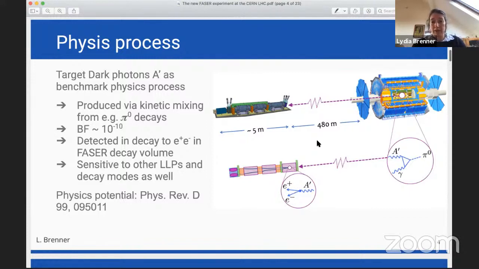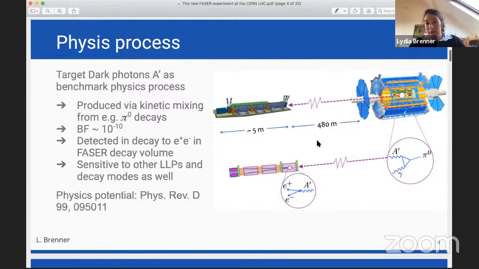So if you look at the picture here on the right-hand side, you see the ATLAS detector. Now the FASER location is such that it is in a direct line from the interaction point in the middle of the ATLAS detector. And that's where FASER is set up. So anything that is not charged would not bend with the LHC tunnel and would therefore go through our detector.